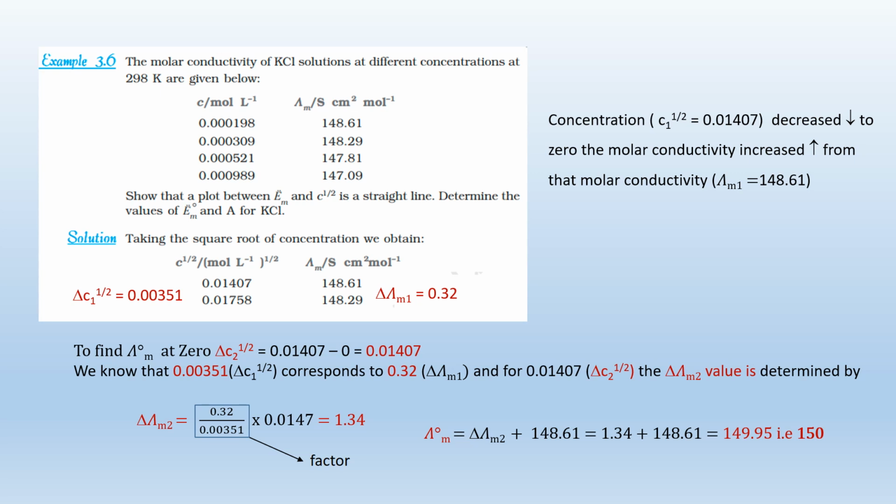Okay, you know the x value, but you don't know the y value, the unknown y value. You are calculating by multiplying the factor. The factor I have mentioned in the box. If you multiply it, you will get the delta y value. Okay, the delta y value is increased from 148.61, right? Then you have to add that value, right? Then you will get the corresponding value of 150, which is given in the book.